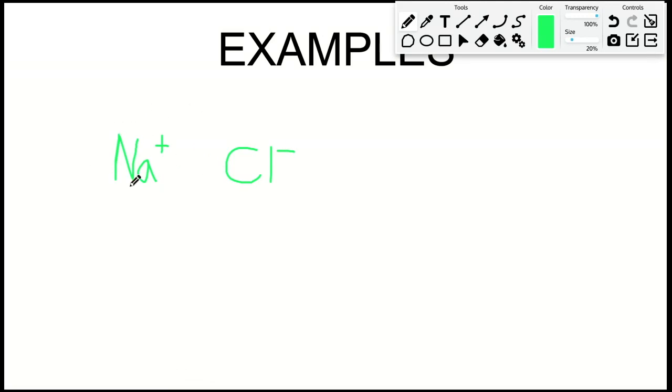So these two are attracted to each other because the sodium has a net positive charge and the chloride has a net negative charge, and that causes our cation, sodium, to be attracted to our anion, chloride. So our sodium is attracted to our chloride, and that is our anion. And when these two come together, they end up having, again, a neutral or a charge of 0.